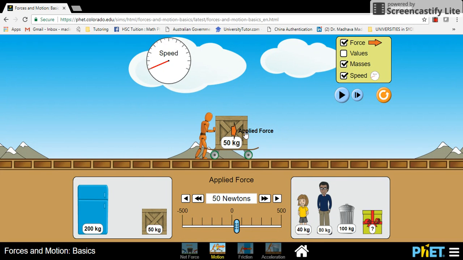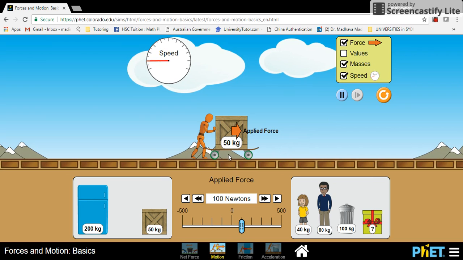This is the speed meter of the crate. Let's start with less force. Let's start with 100 newtons of force.